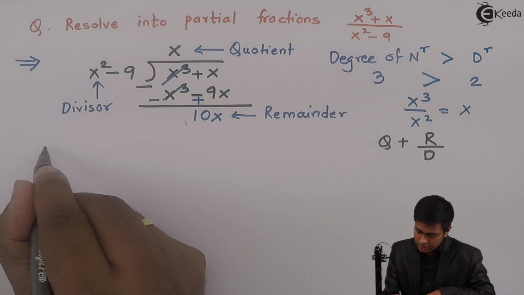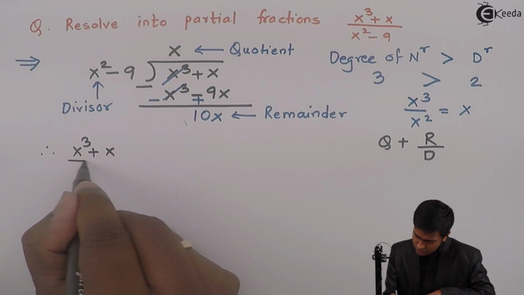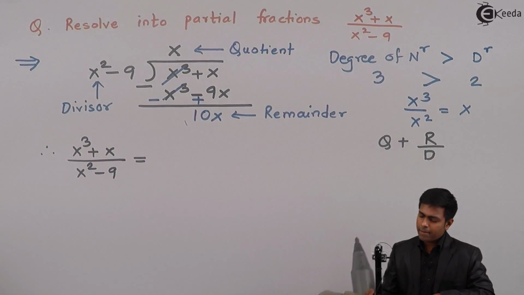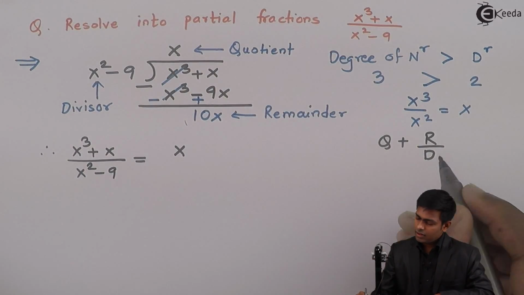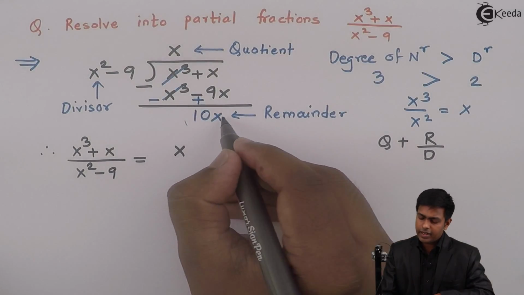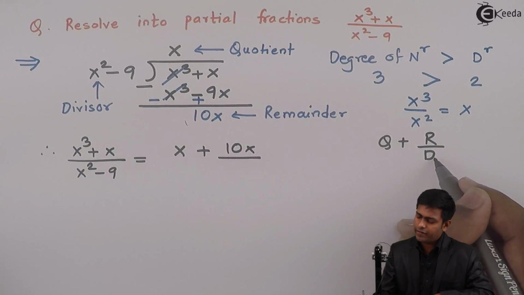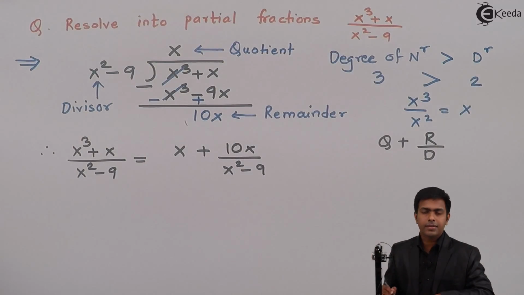So here, therefore, x cube plus x upon x square minus 9 will become the quotient, here the quotient is x, so x as it is, plus the remainder, here the remainder is 10x, so plus 10x upon the divisor, so the divisor is x square minus 9.